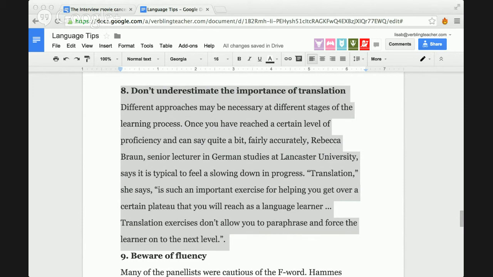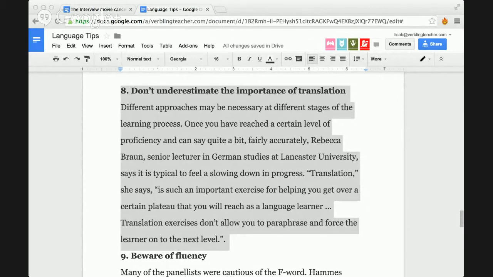Okay. Don't underestimate the importance of translation. Different approaches may be necessary at different stages of the learning process.